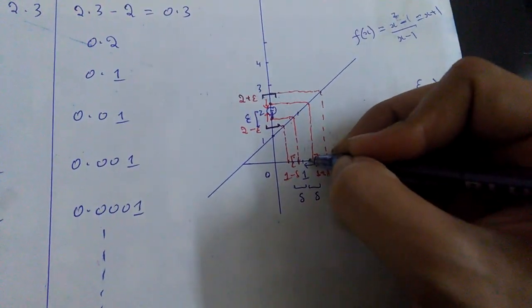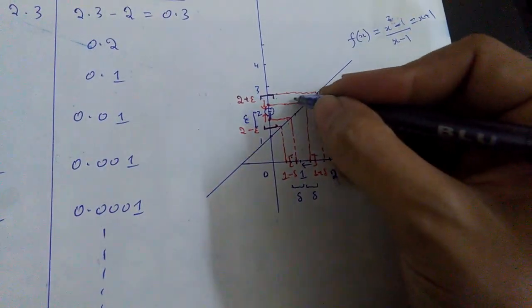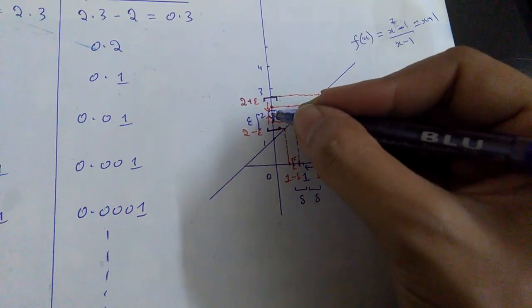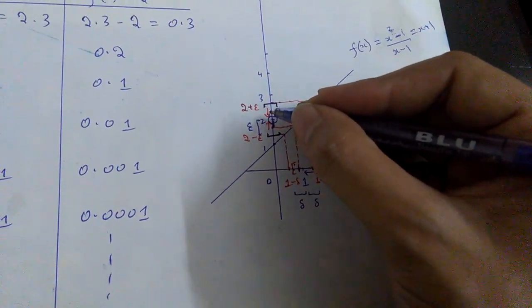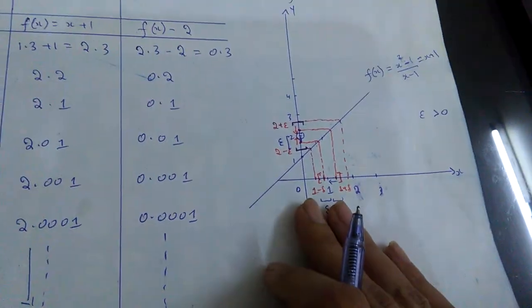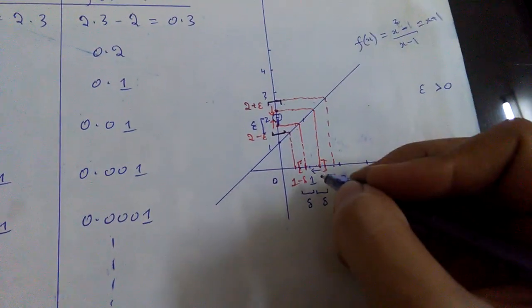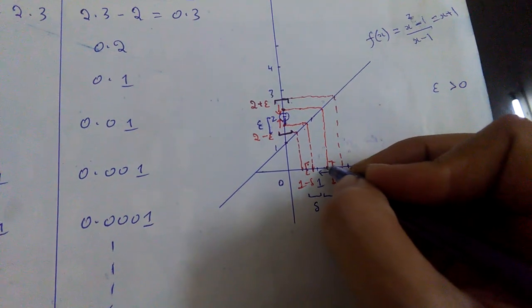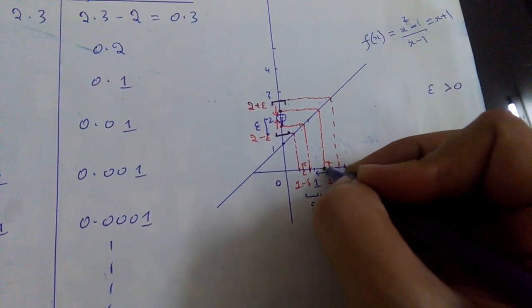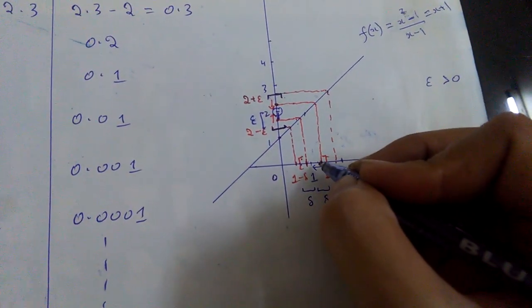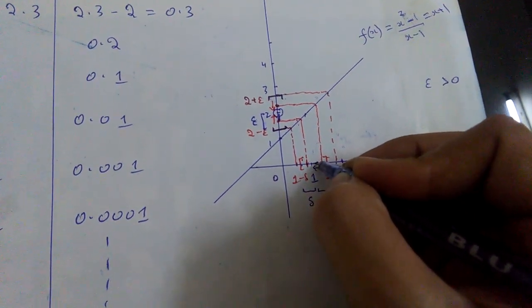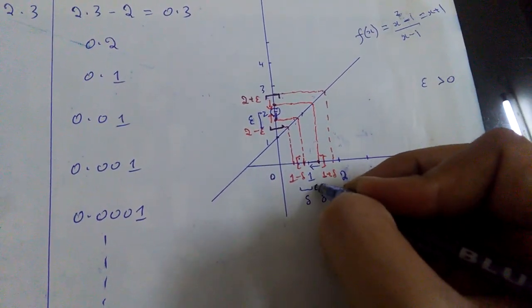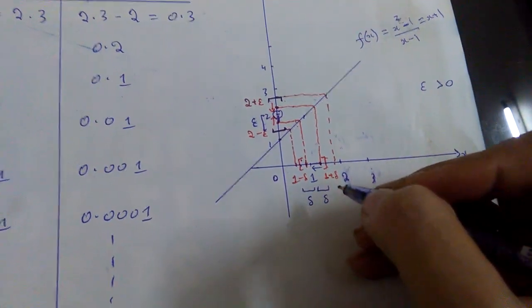For instance, if I just pick this value, this point is moving towards 2 from this direction. So you can see here that this was my x from the right hand side. Its distance from 1 is this much, so it is of course smaller than the delta distance, right?